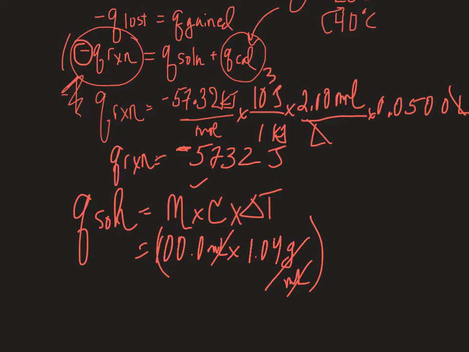Check, of my solution. And the problem also gives me my specific heat capacity, 3.93 joules per gram K. Now, remember what this means: it takes 3.93 joules of energy to raise 1 gram of this solution 1 degree Kelvin or Celsius.